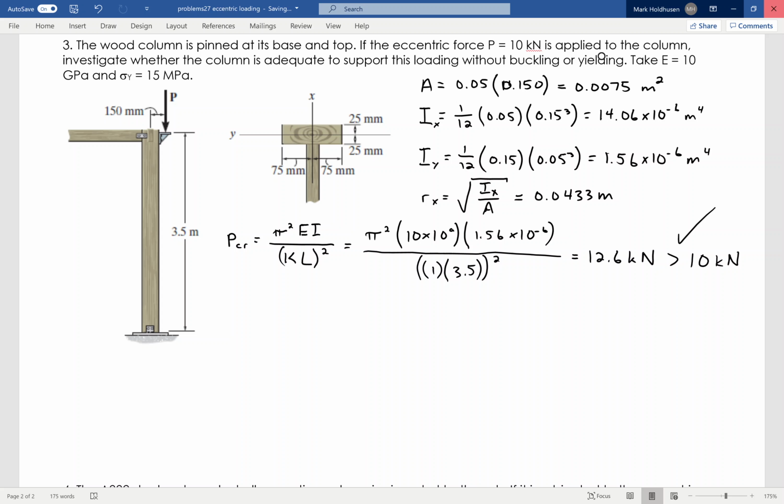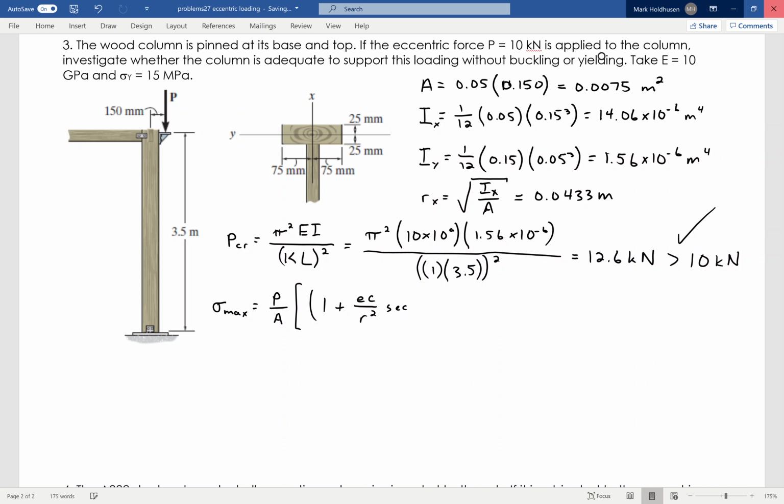All right. So now I'm going to go to the sigma max using the secant formula. So this is the maximum stress, which, big ugly equation, P over A times 1 plus e c over r squared. Again, this is about the stiffer axis.